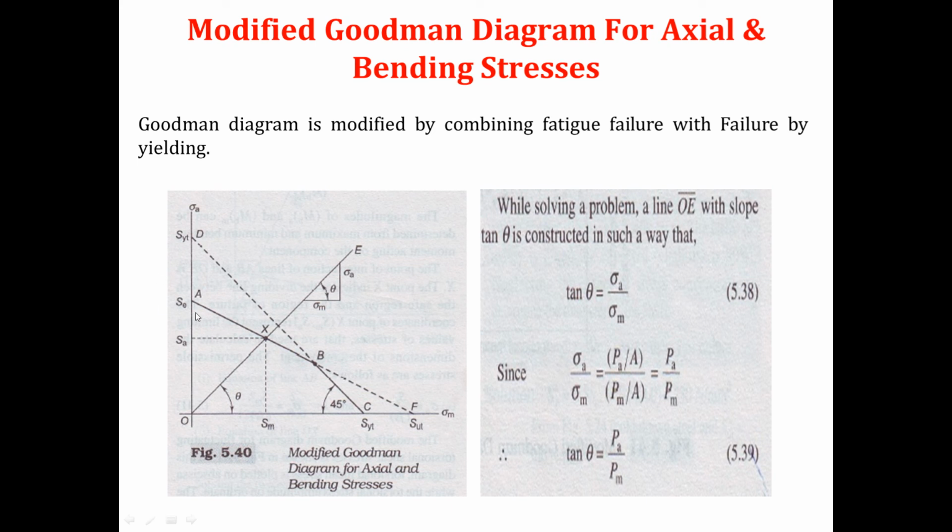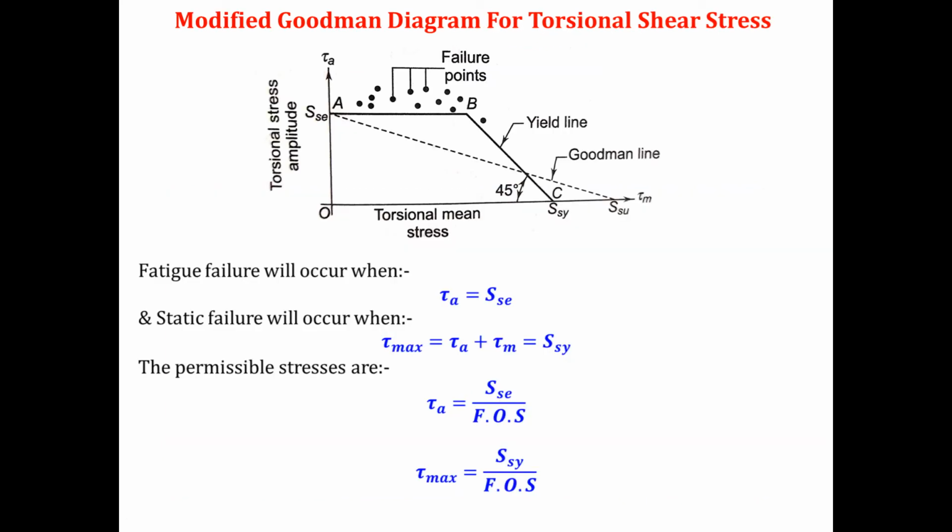SE is the endurance limit of a particular component when it is subjected to axial and bending stresses. What is SSE? SSE is the endurance limit of the same component when it is subjected to torsional shear stresses. So fatigue failure will only occur when the torsional stress amplitude, that is tau A, becomes equal to SSE.